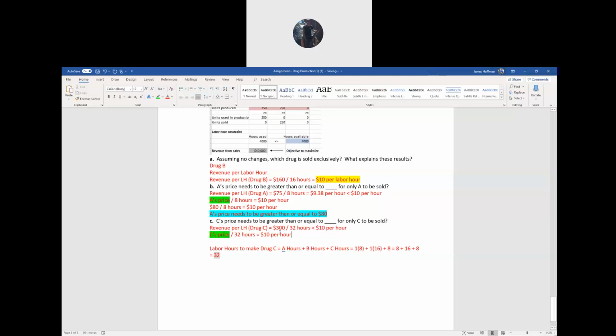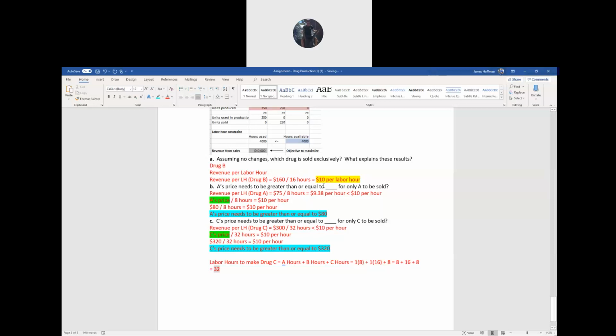So what divided by 32, or 32 times 10, is 320. Okay, so C's price needs to be greater than or equal to 320.